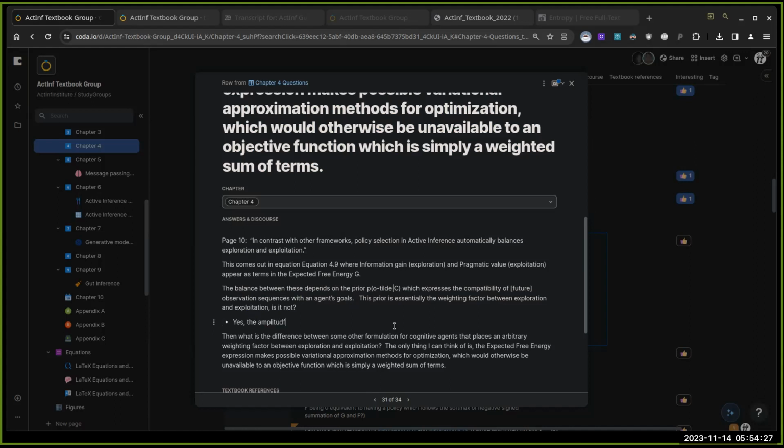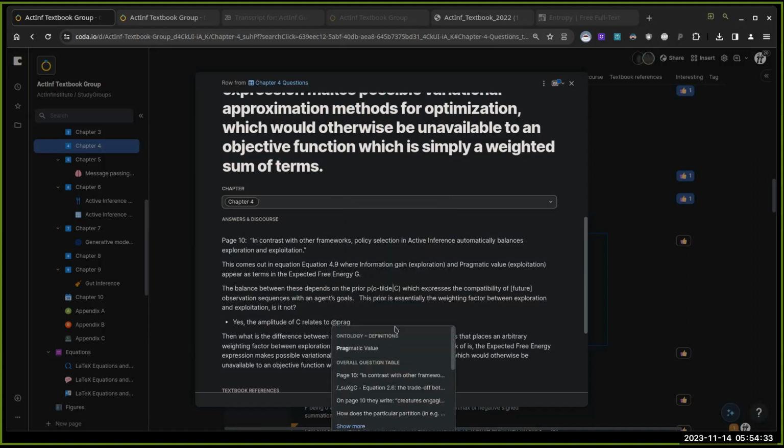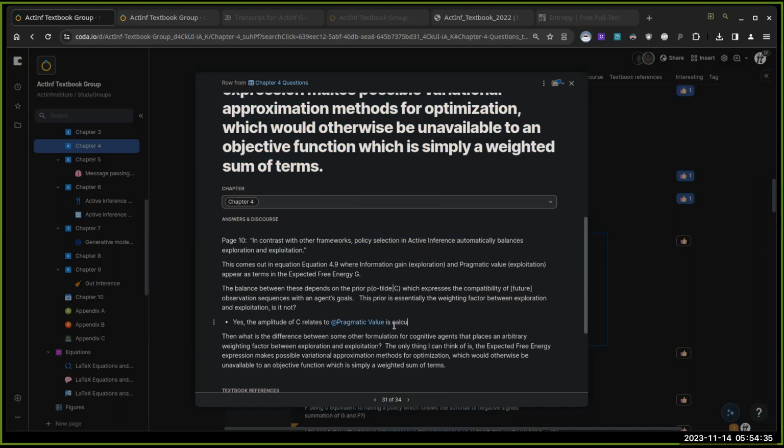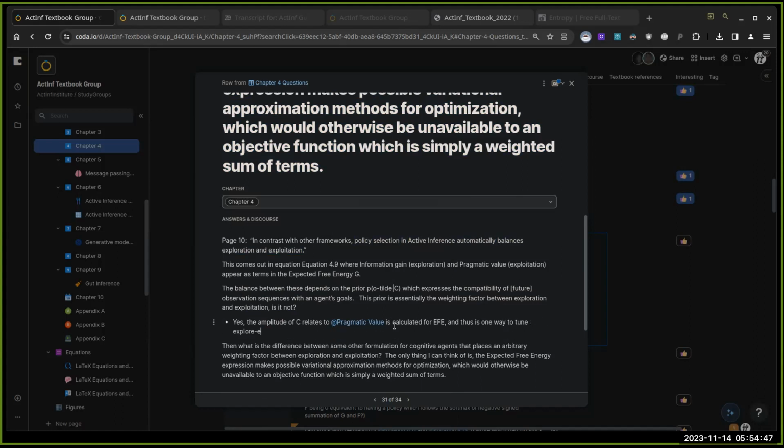The amplitude of C relates to how much pragmatic value is calculated for the EFE, and thus is one way to tune explore exploit balance. Another way to do it is to modify the ambiguity of sensory states.